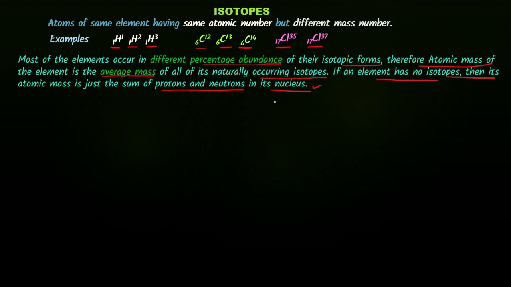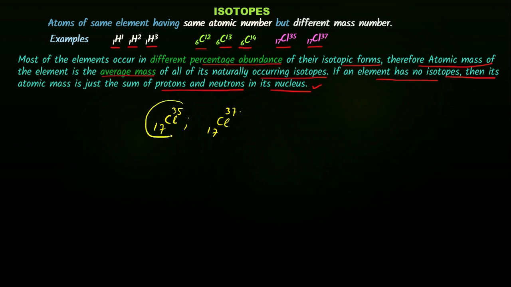Let's understand this percentage abundance with a quick example. Say, for example, we have chlorine 17 and 35. Another isotope is chlorine 17 and 37.